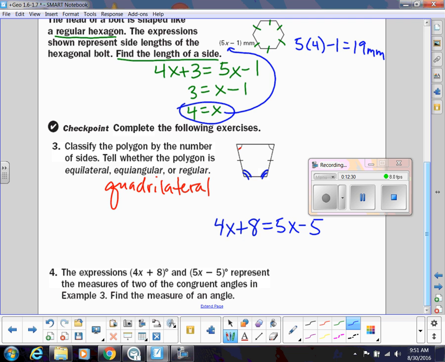Solve for x, I'm going to move that 4x to the other side, add the 5, so I'm getting x is 13, but make sure that you find the measure of an angle. So I'm going to plug 13 into here. 4 times 13 plus 8, that's 40 plus 12, so that's 52 plus 8, which is 60 degrees. So those would be 60-degree angles.